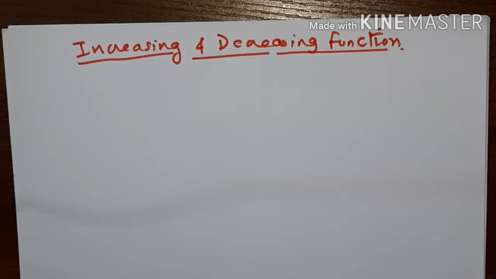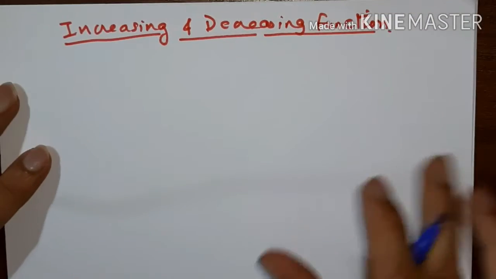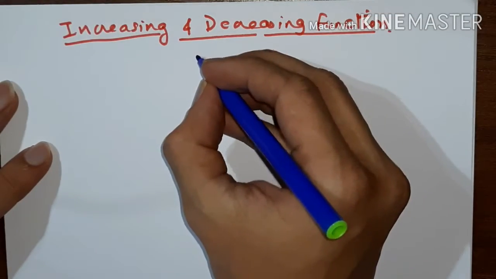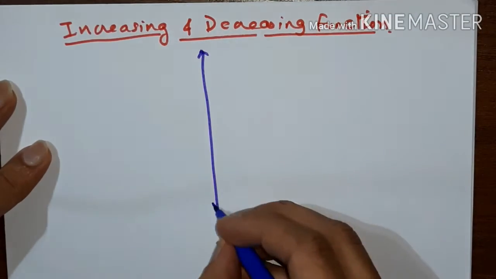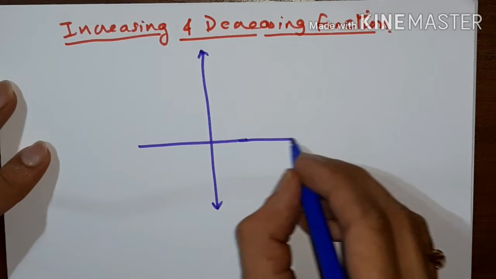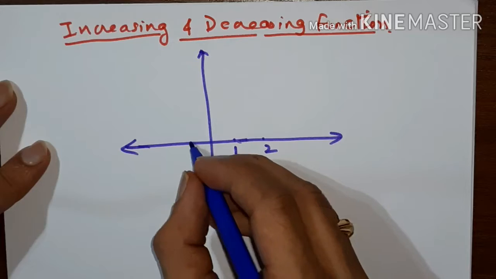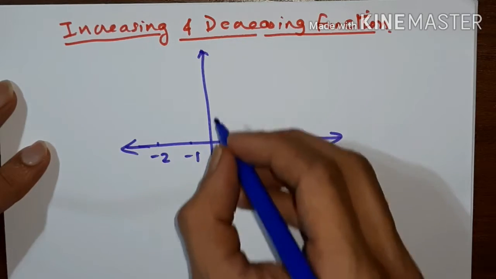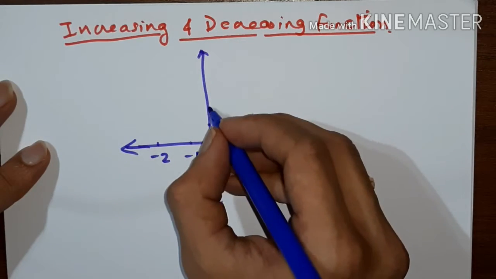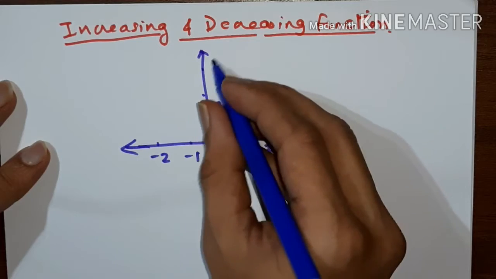Suppose we look at the graph of y equal to x square. If you have this as 1, this as 2, this is minus 1, this is minus 2, this is 1, this is 2, this is 3, this is 4.